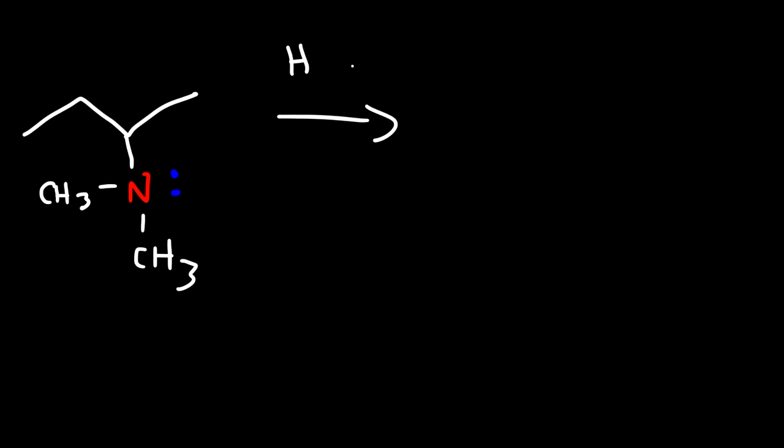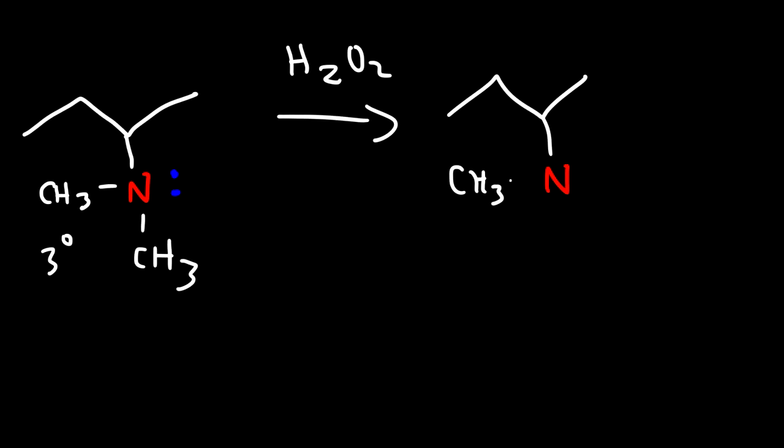And now we're going to oxidize the tertiary amine using hydrogen peroxide. And so this is going to give us an amine oxide, which looks like this. So we're going to have an oxygen atom on the nitrogen. At this point, the nitrogen now has 4 bonds, so it has a positive charge.